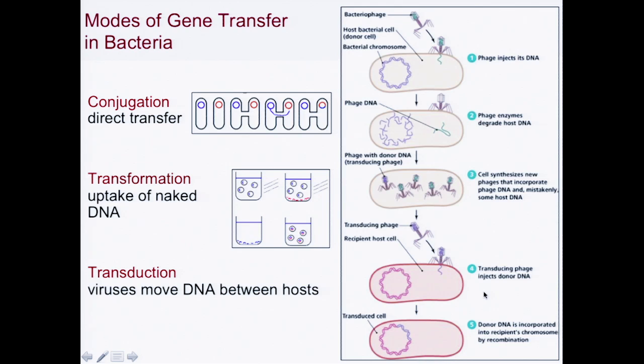That's called transduction. So donor DNA is incorporated into the recipient's chromosome by recombination. So we have many ways that bacteria can have bits of chromosome merged from one species to the next.